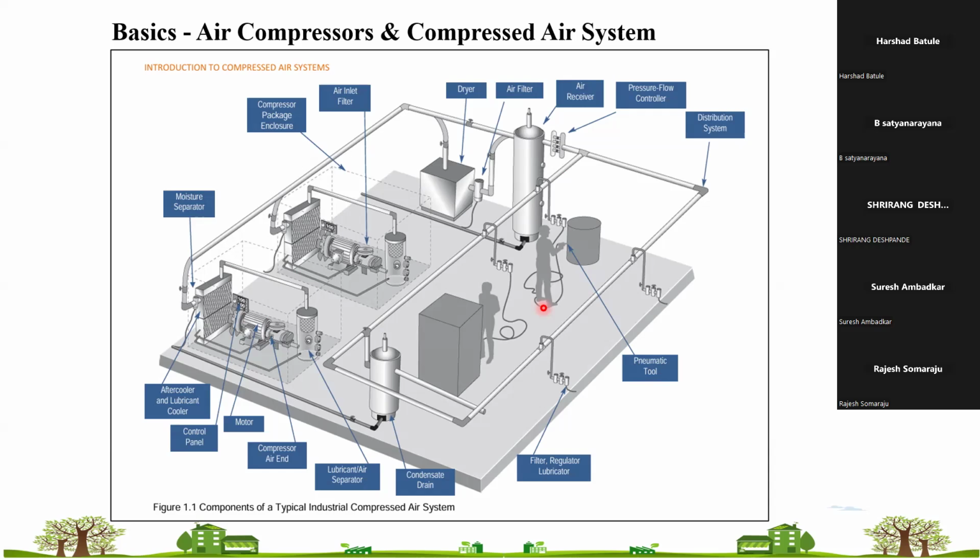So 50% is directly wasted in leakages. Such wastages are in general in your industry. Such wastages are there in the distribution system, near your machine, in the main header. Multiple leakages can be observed, and those can range to 40-50% also.